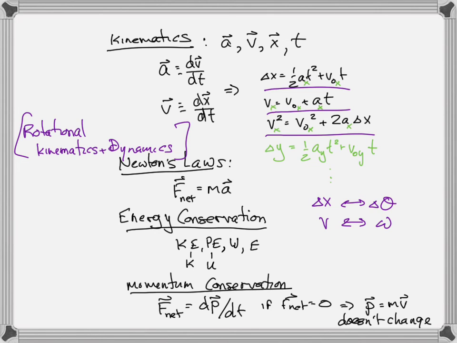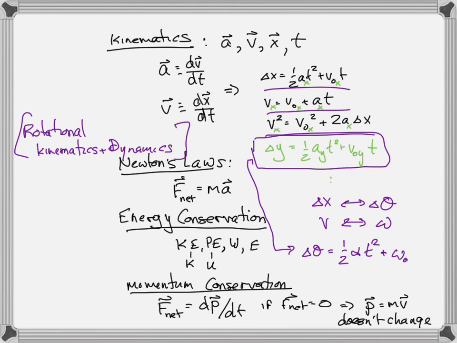Because all you have to do is take any equation in linear motion and rewrite it in rotational motion. So where delta y is a position variable, delta theta must be a rotational variable. Where a is the acceleration in linear variables, alpha is the acceleration in rotational variables. And time is still the same, and omega 0 t. There you go. So we have kinematics in rotational variables.